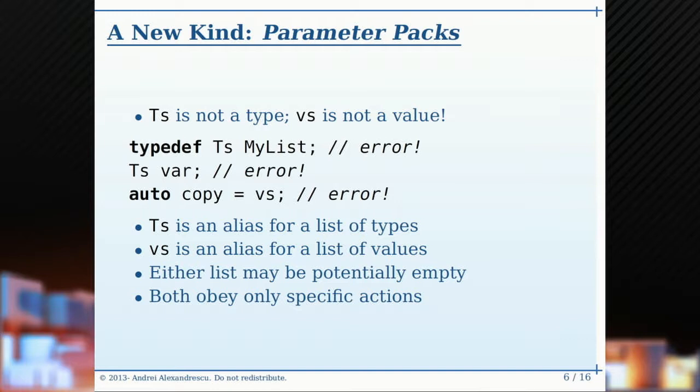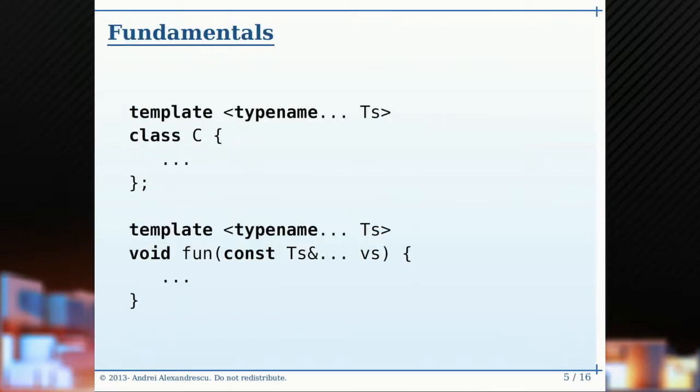Similarly, you can't instantiate such a list of types. You can't say, let me create a value of the type Ts, and it presumably has an instance of each type. Again, that doesn't work. And you can't, of course, copy the values, even inside this function here. You can't say, I have Vs, so let me create a local copy of Vs. It's a very bizarre thing.